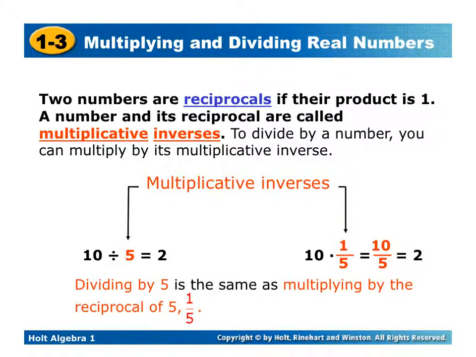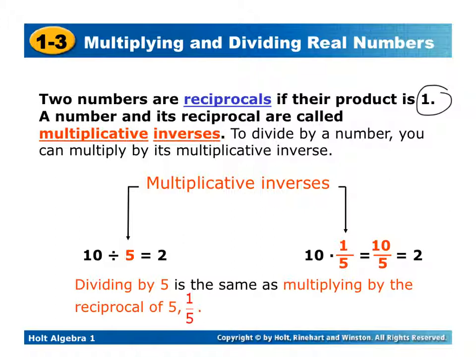Another part of looking at multiplying and dividing real numbers is what happens when we're working with fractions, and that's looking at the concept of reciprocals. So two numbers are reciprocals if their product is 1. A number and its reciprocal are called multiplicative inverses.